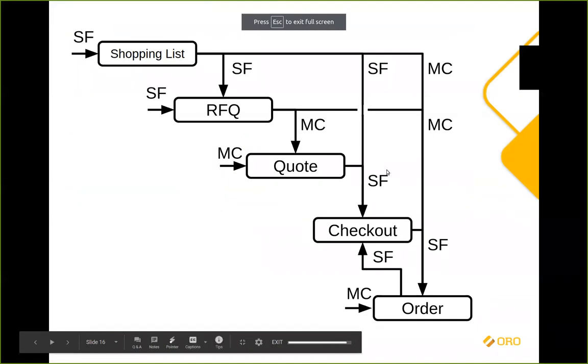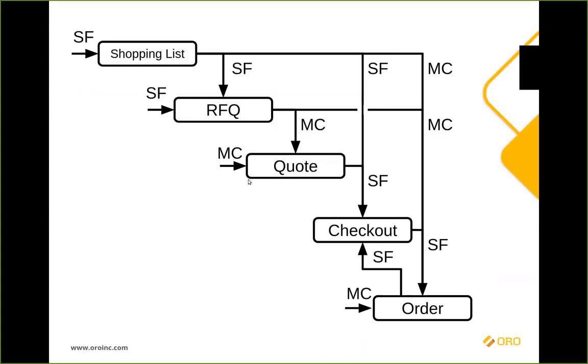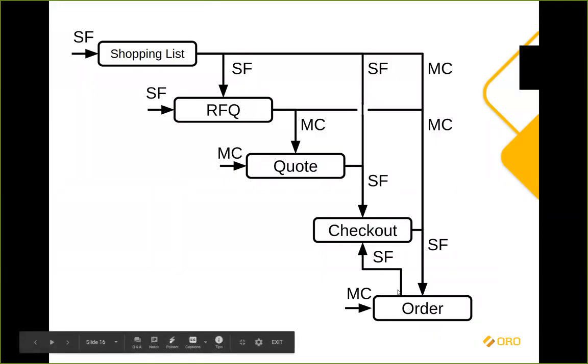As you can see, we have multiple entities which can be converted to each other, but most of them, one way or the other, can be converted to the checkout, either from the shopping list directly, or from the RFQ, or from the quote, or even from the order.